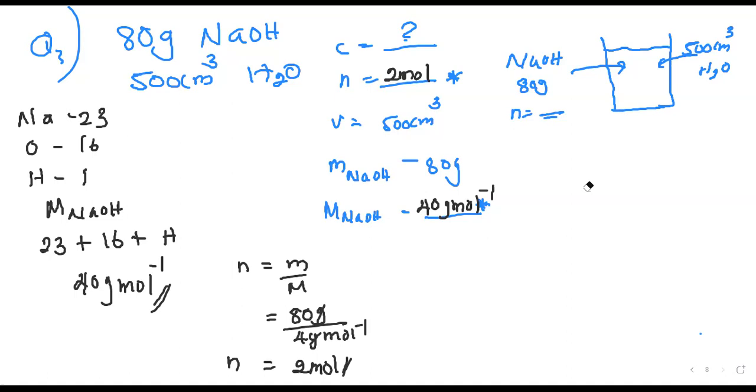As you all know, 1000 centimeter cubes make 1 decimeter cube. So to find how many decimeter cubes are in 500 centimeter cubes, you have to divide 500 centimeter cubes by 1000. Then only you will find how many decimeter cubes there are in 500 centimeter cubes, right?